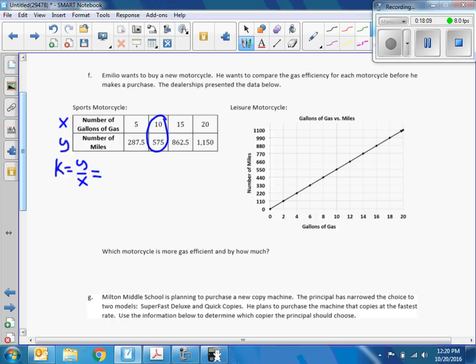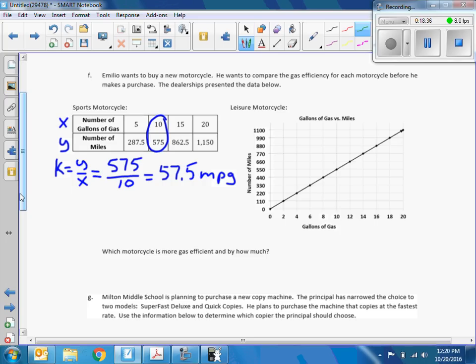You should be able to use any one of these 4, because if it is a proportion, K is the same for all 4. 575 divided by 10 is just moving the decimal. 57.5 miles per gallon. Right, that was easy. Dividing by 10. You could have done 575 divided by 10 on the calculator, you still get 57.5.